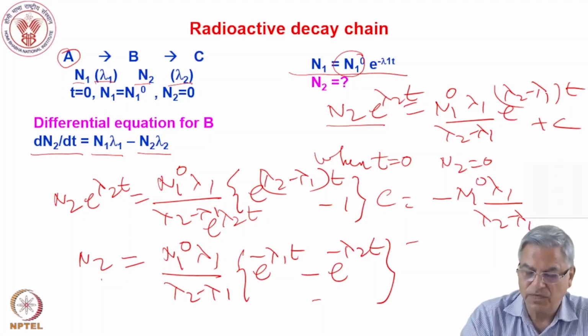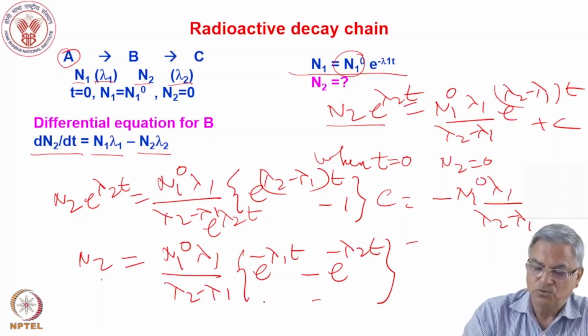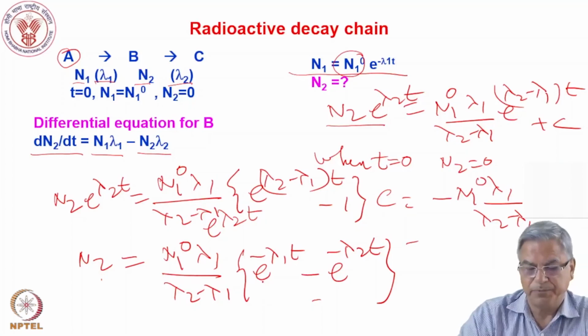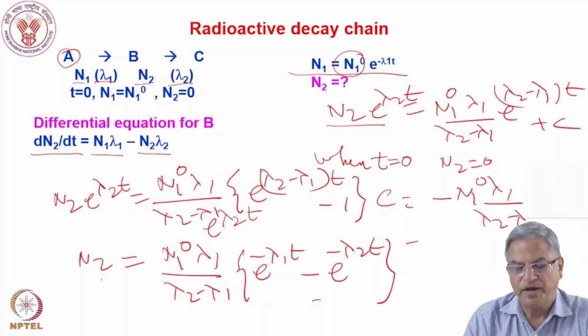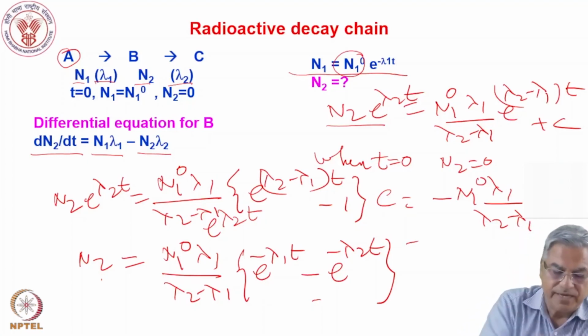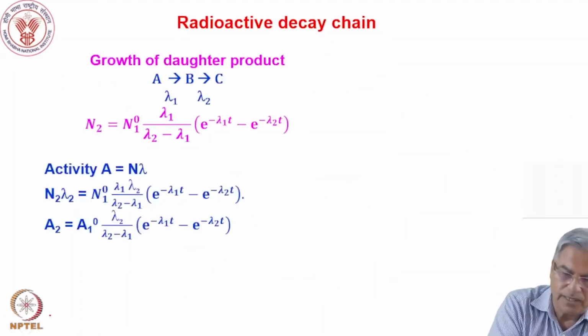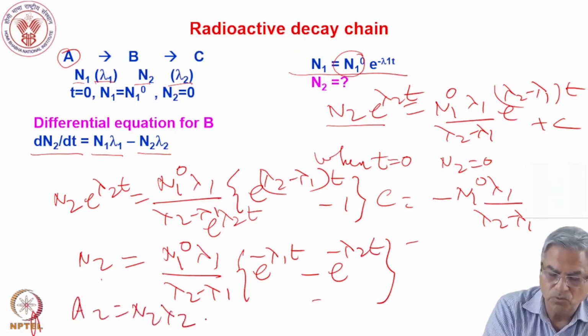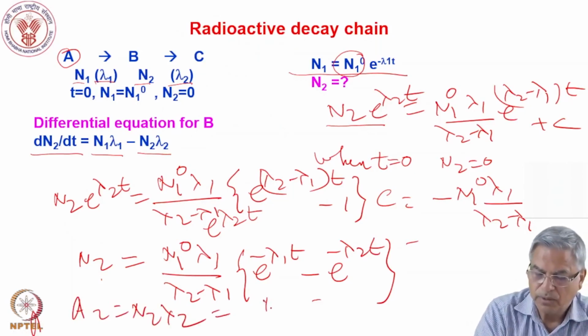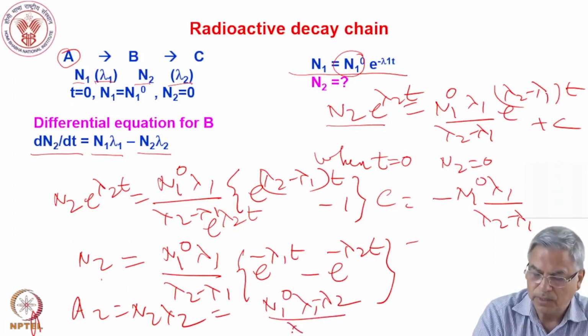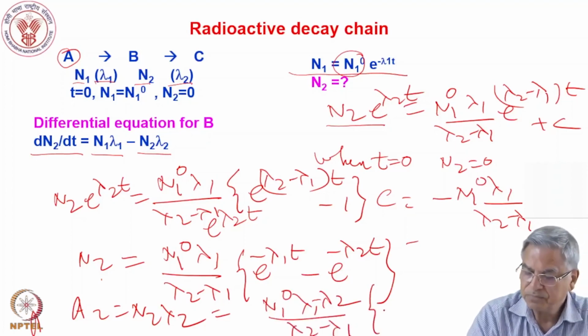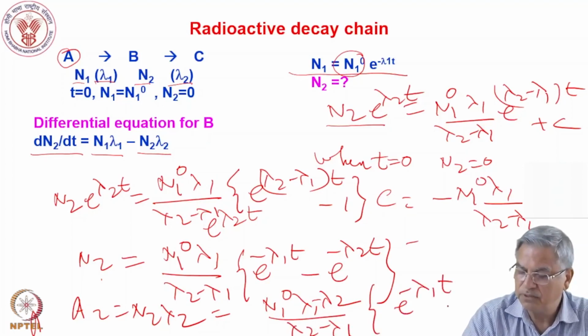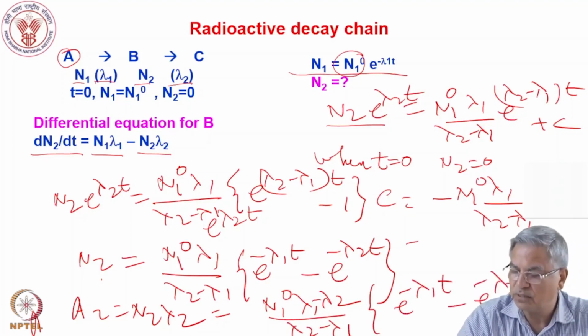So it contains the exponential terms due to the decay of A and B. Now if we want to find out the activity of daughter product B, activity A2 will be N2 lambda 2 equal to N1 0 lambda 1 lambda 2 upon lambda 2 minus lambda 1 into e raised to minus lambda 1 t minus e raised to minus lambda 2 t.